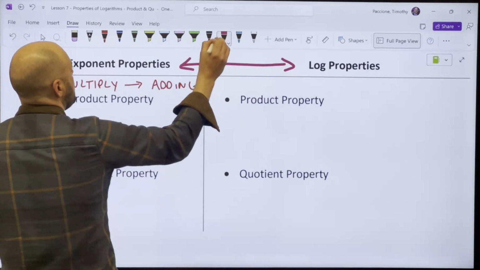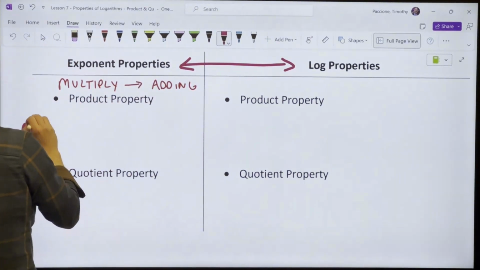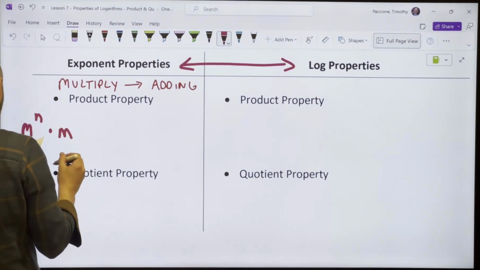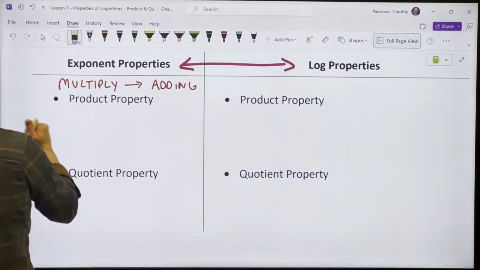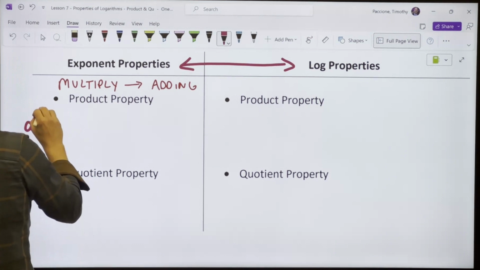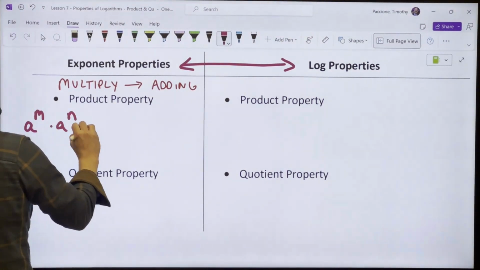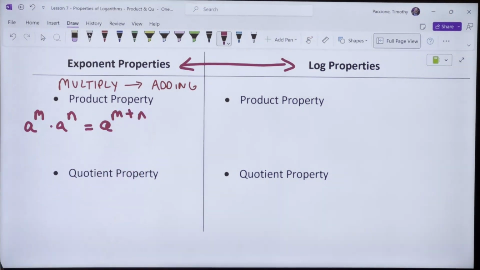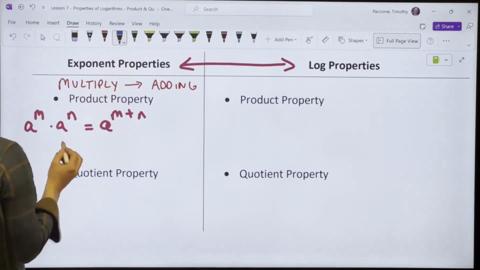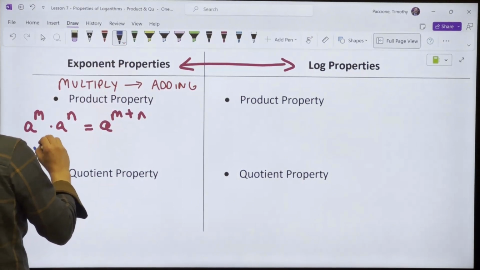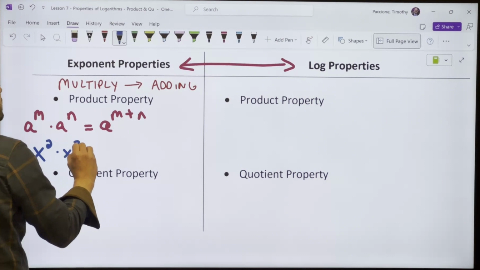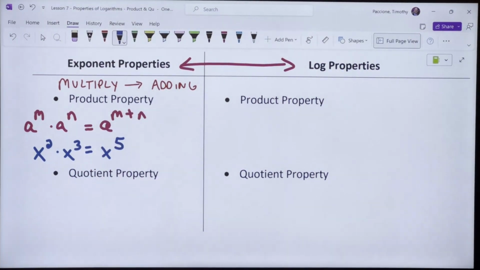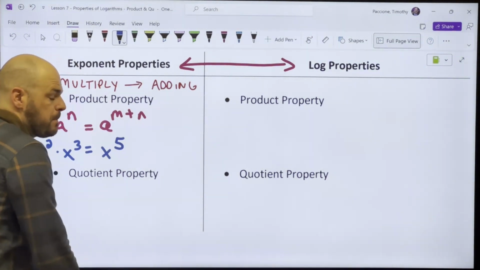You would have a to the m times a to the n equals a to the m plus n, right? You just add the exponents. I know y'all like examples with real stuff, so let's say x squared times x to the third equals x to the fifth, right? So we go from multiplying to adding, right?